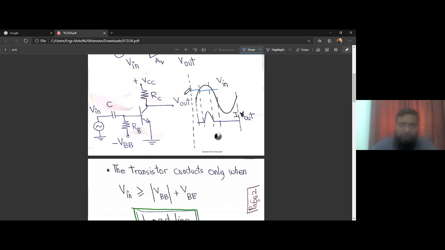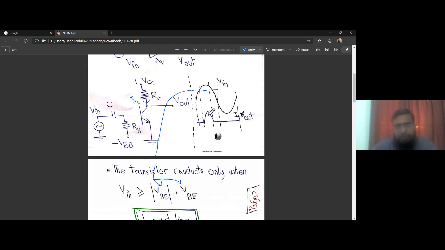And what is this threshold? This threshold is VBB plus VBE. If the input voltage increases past the magnitude of VBB plus VBE, only then will the transistor start conducting. And once it starts, we have plotted I out. I out means this IC, the current that flows through this RC, the collector resistor.